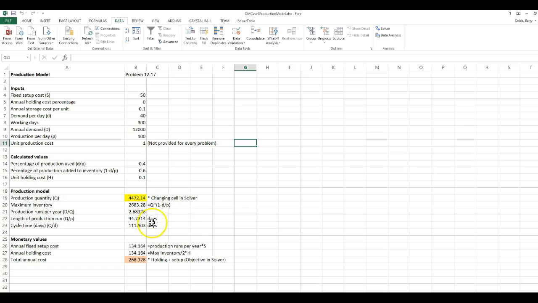In looking at the solution, what this means is that our maximum inventory will be 2,683, and we're going to have an average of 2.7 production runs per year. So we only start production 2 to 3 times a year. When we start production, it runs for 44.72 days, and the cycle time, or the time in between the start of the production runs, is 111.8 days.